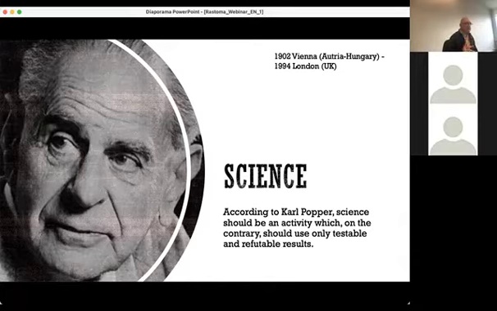This is very different compared to dogma. With dogma, you cannot show it is wrong because everything is built on the hypothesis that the dogma is true. For science, there is no dogma. Each time you say something, you must be able to show that it is wrong. It can be true, but you must be able to show that it is wrong.